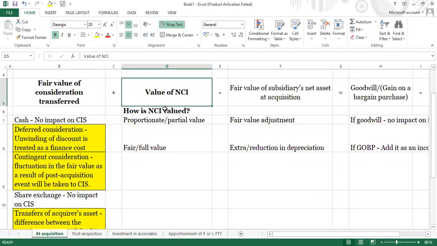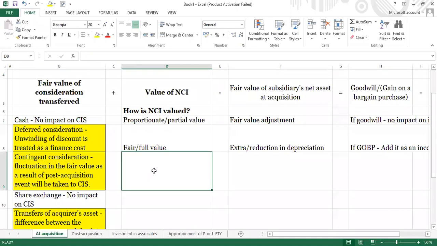However, the way NCI is valued will have an impact when it is time to apportion your profit or loss for the year. So key points here: the value of NCI as a figure would have no impact on your consolidated income statement.